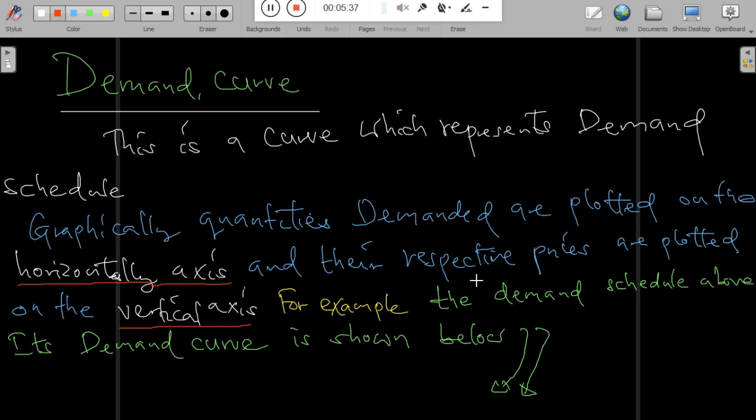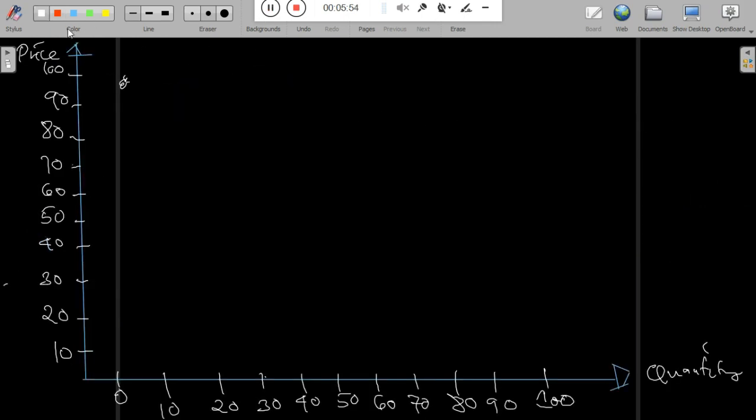When you sketch the demand curve, it normally shows the inverse relationship between the price and the quantity demanded. You have the price starting from 10 up to 100, and the quantity on the x-axis from 0 to 100.